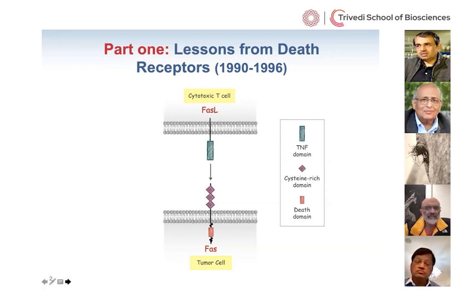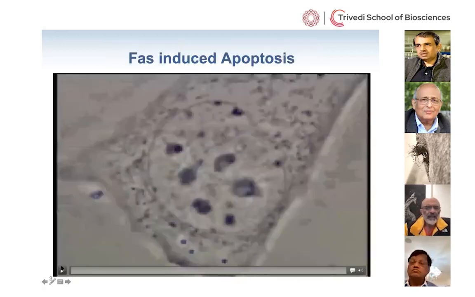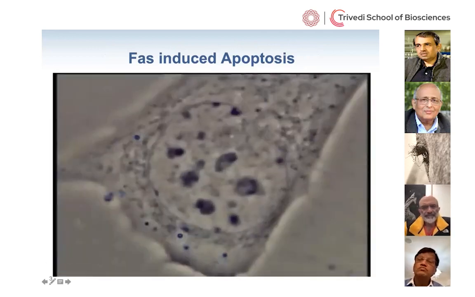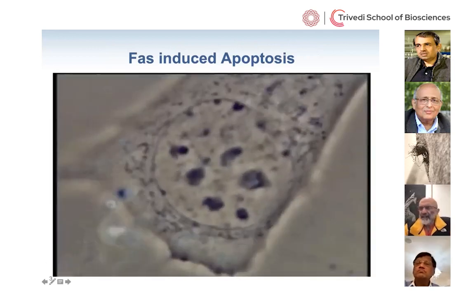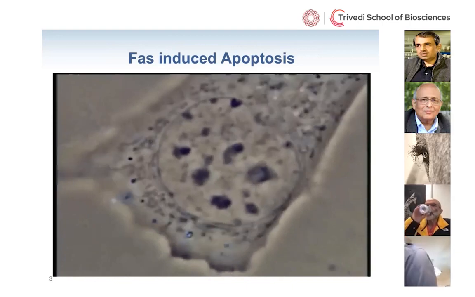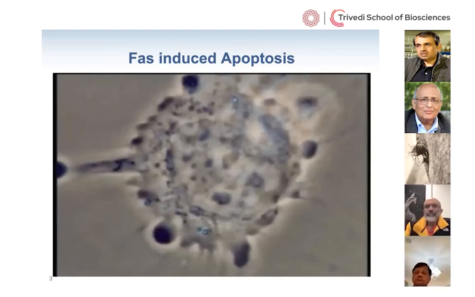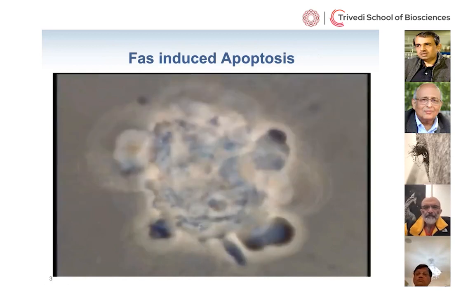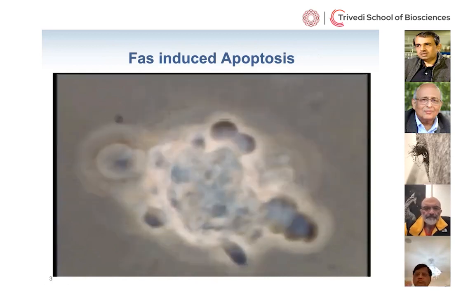And what was the underlying mechanism? So I think you appreciate from this short clip that soon after the engagement of this death receptor, all havoc broke loose and the cell essentially disintegrated. So the question was, how did this happen?